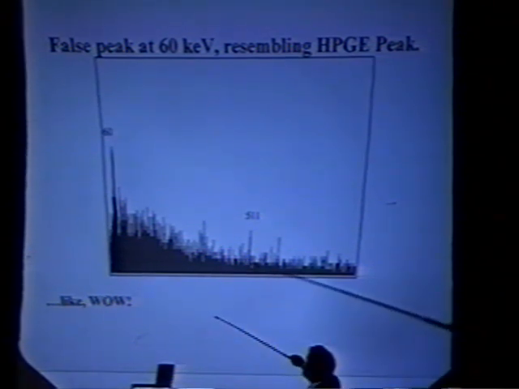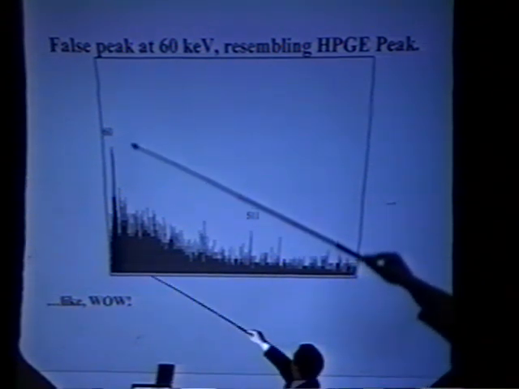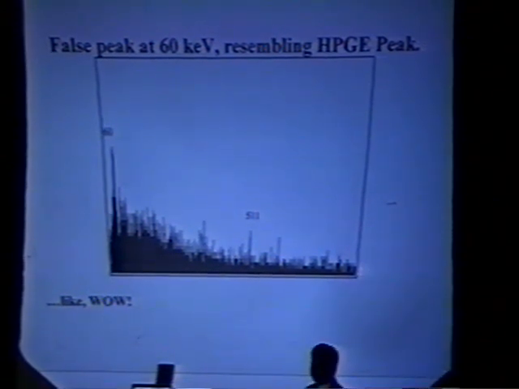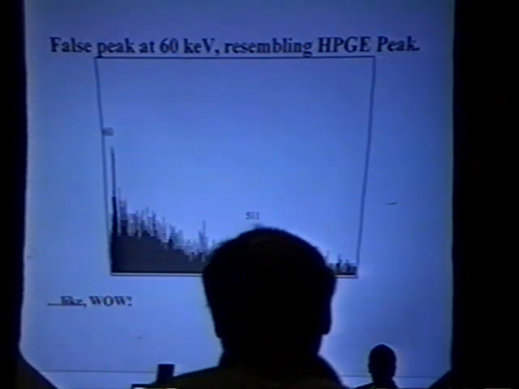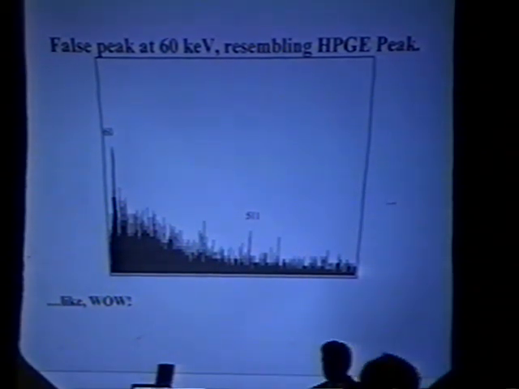If you compare that to the real peak at 511, it's about the same width and has sort of the right shape. In fact, when I first did this, I was sure that it was real. I went back and rechecked the width, and it's the wrong width. I also found that I could reproduce it. It was fully reproducible, which was an advantage, because it did yield eventually to the scientific method, and I was able to figure out what was making it.